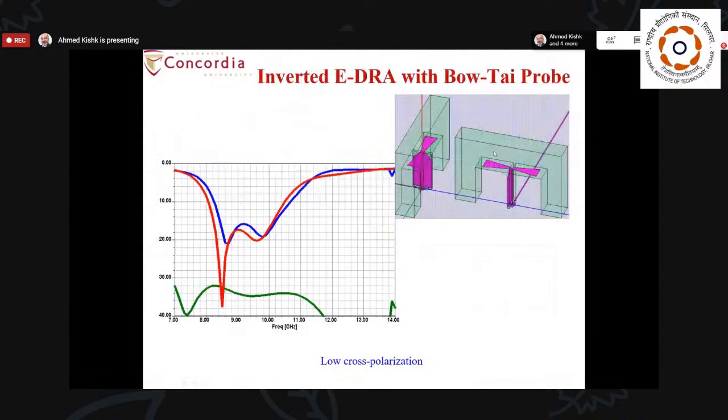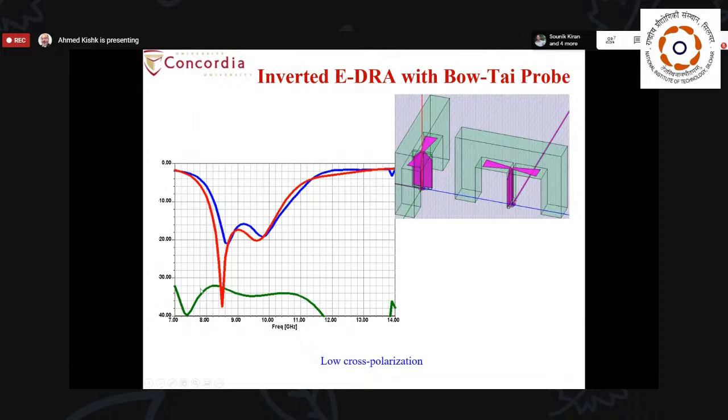So here, for example, is a case where, instead of using the probe, we have used symmetry to avoid differential feeding. We have used a bow-tie antenna printed on the back of this side, excited by a microstrip line on a vertical substrate, where one side is ground plane and the other side has a microstrip line connected as such.